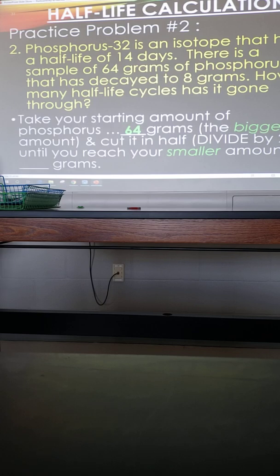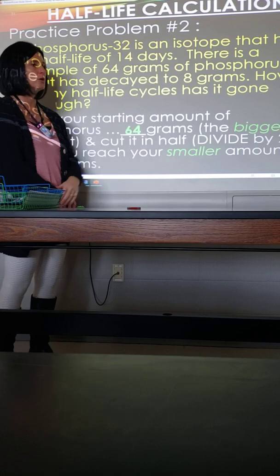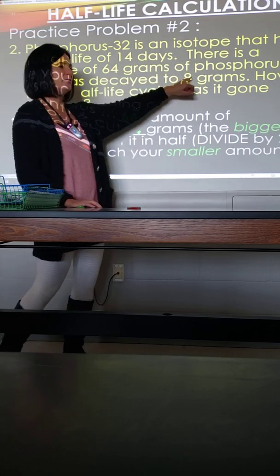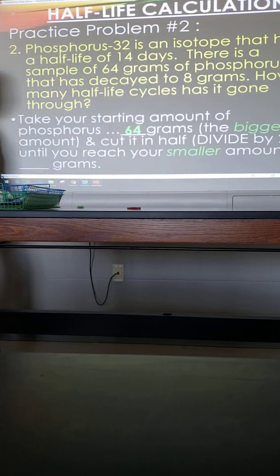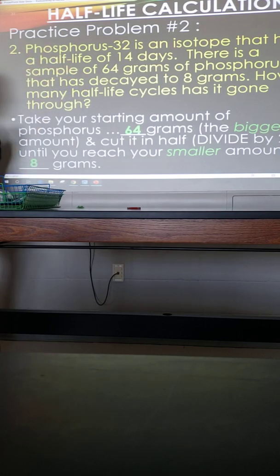And what's the smaller amount, Dylan? What's the smaller amount that's given in the problem? 8 grams. Good. So we're gonna have to go from 64 to 8. All right, and that's what you have to kind of keep in your mind first. You're going from 64 to 8.